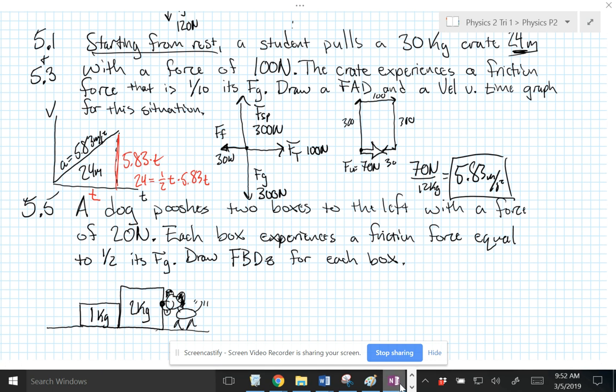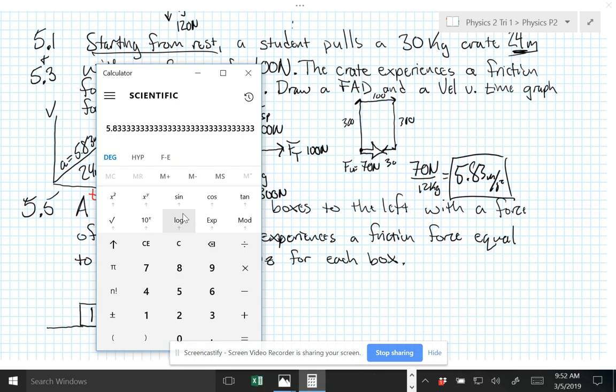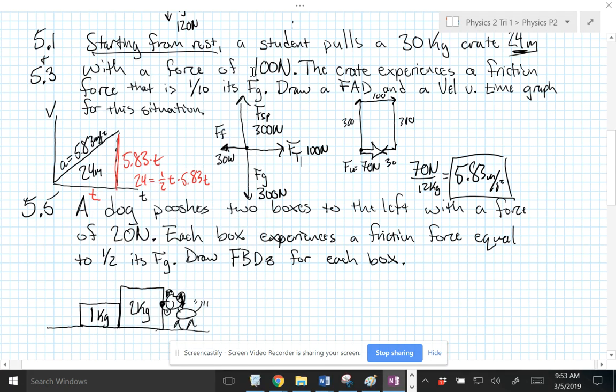So I can pop back over to my calculator, multiply both sides by 2, gets rid of that half. So that would make the left side 48. And I take that 48 divided by 5.83. I get 8.23. 8.23 is equal to t squared. So I'm guessing this is a square root button. Yeah, there we go. So t equals 2.87 seconds.